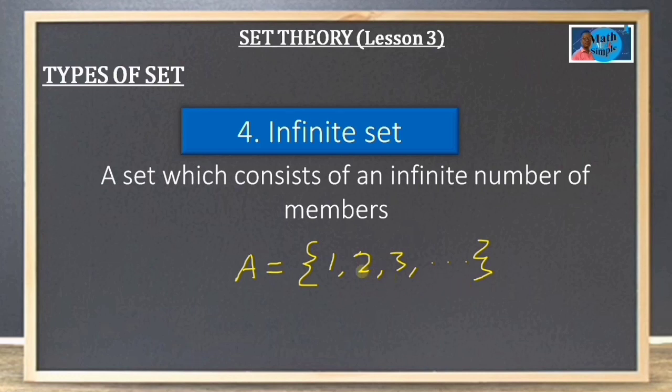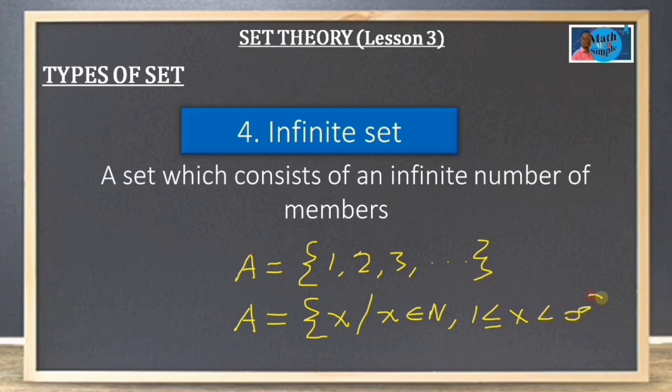All right, so it can be written in this way. Or in set builder notation form, this could be written as X such that X is a natural number and 1 is less than or equal to X less than infinity. All right, this is an infinite set.